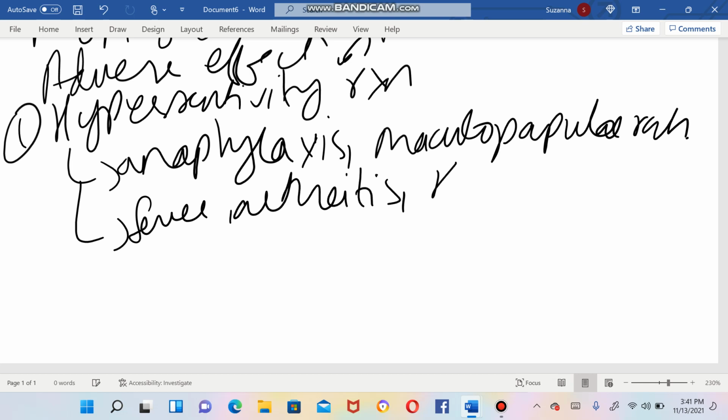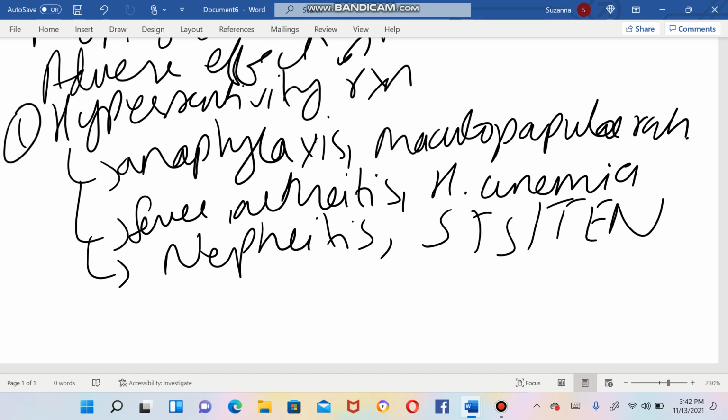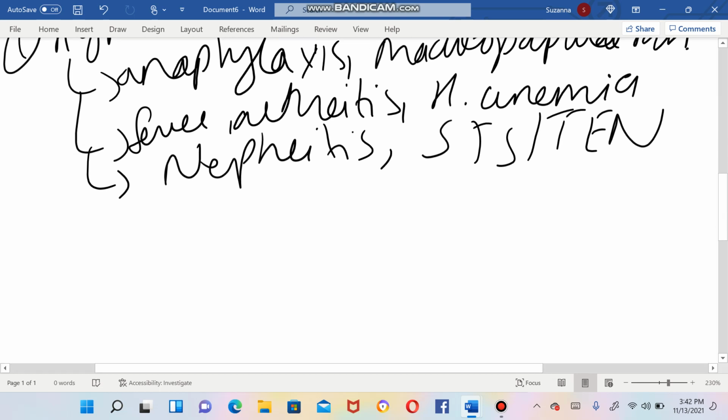It also causes hemolytic anemia, nephritis, and Stevens-Johnson syndrome and toxic epidermal necrolysis. So these are the hypersensitivity reactions of cephalosporin.